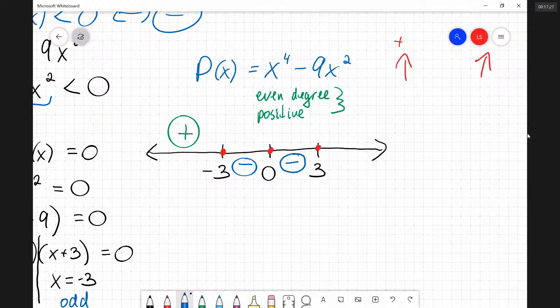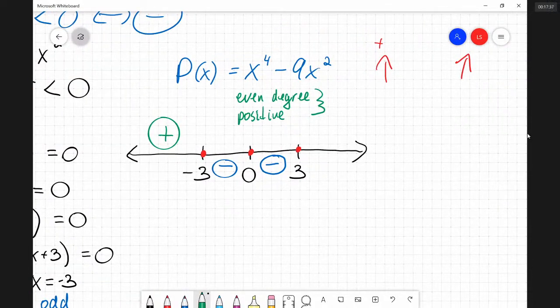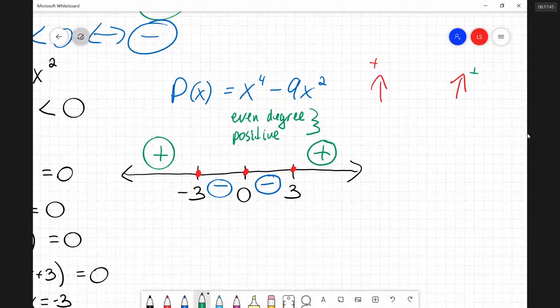I stay negative. Then I hit another X-intercept, 3. That one was odd. So I cross it. Therefore, I go from negative to positive, and that confirms my end behavior here, right? It confirms that my end behavior should have been positive on the other end.